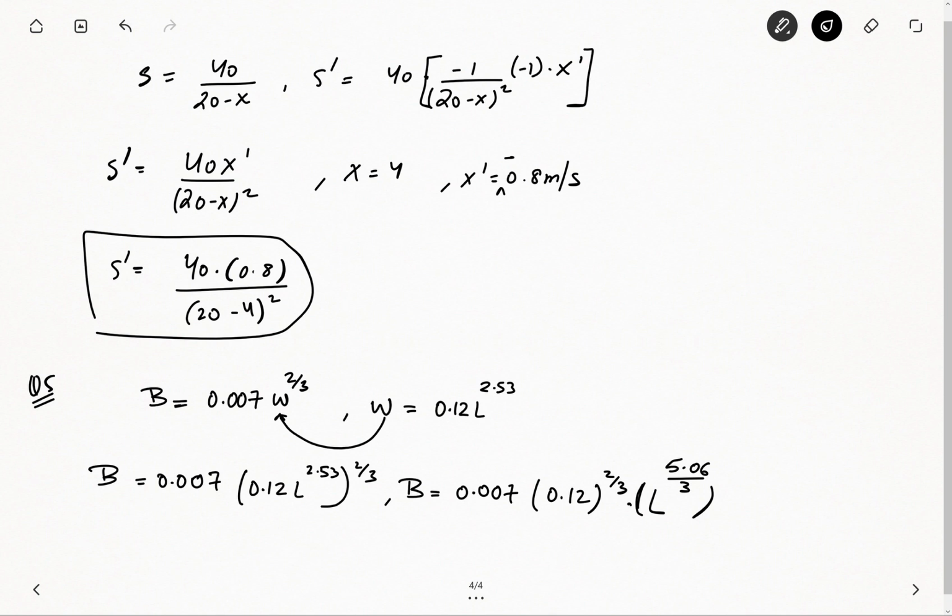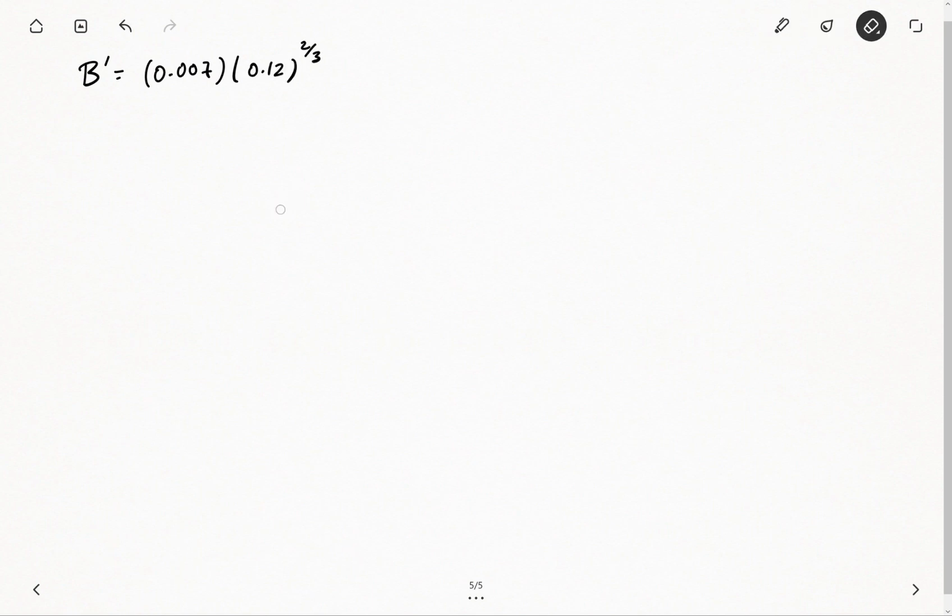Now from this point onwards, we've got to take the derivative with respect to time and see where it goes. So b prime, all the constants in front are just going to stay there. Now I'm going to touch that.